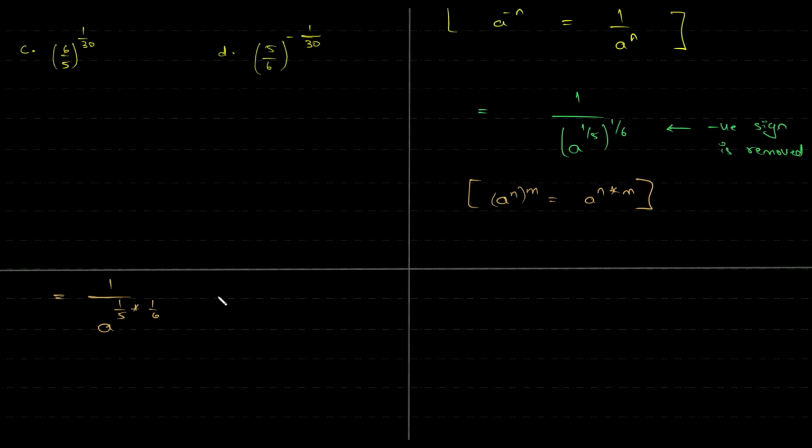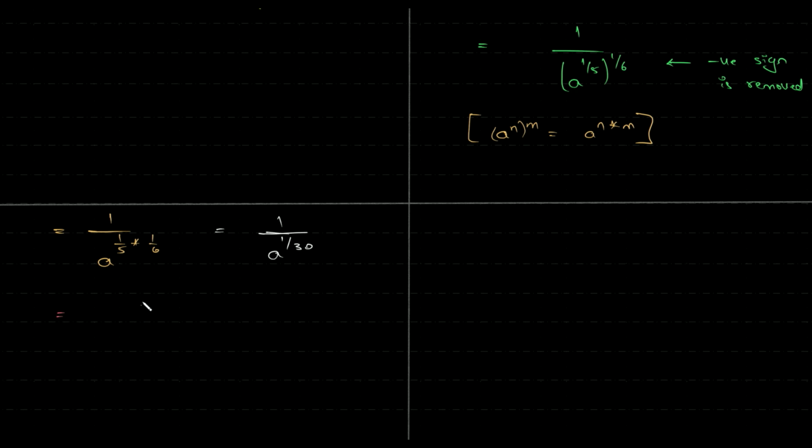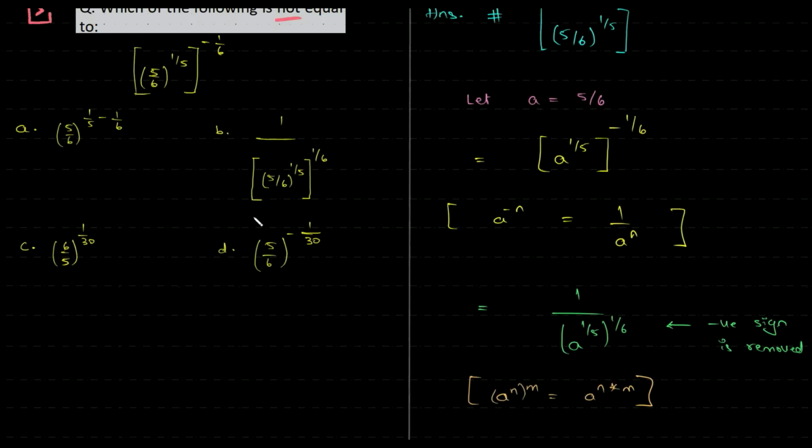And then this is nothing but 1 by a to the power of 1 into 1 is 1, 5 into 6 is 30. Okay guys, so that would be, not the final answer though, 1 by (5/6) whole to the power of 1/30, where a is your 5/6.